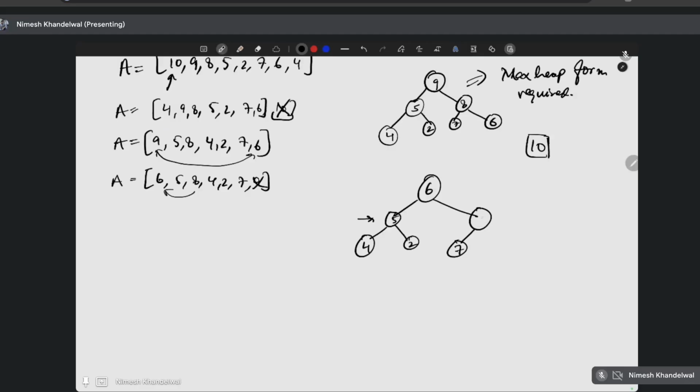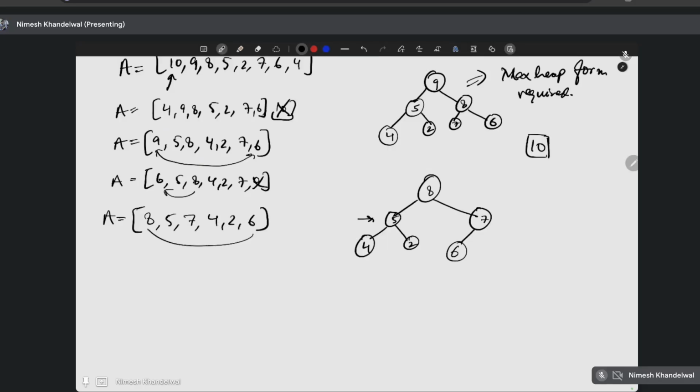This will be replaced by 8, and this will be replaced by 7. Okay. So the max heap form for this is 8, 5, 7, 4, 2, 6.